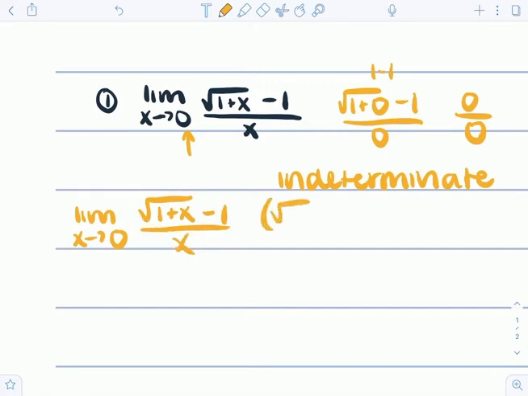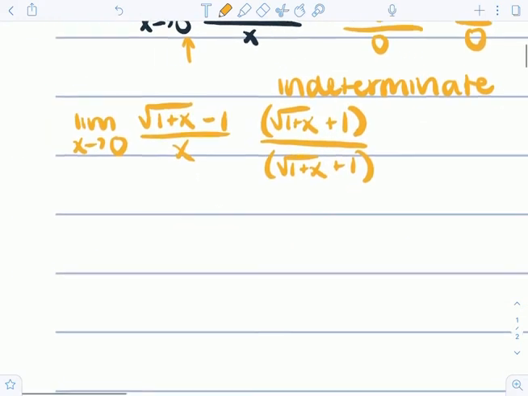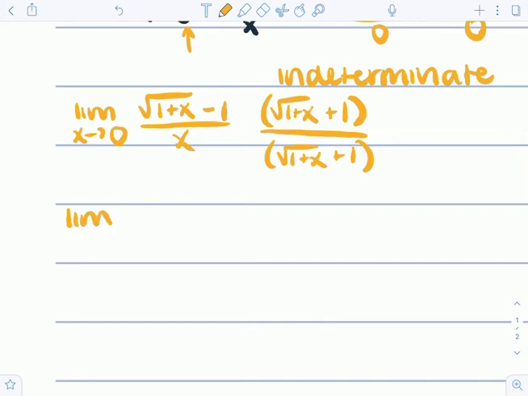If we do that, it's basically like doing the difference of squares that we learned in algebra 1. We square the first term and square the second term with the negative.